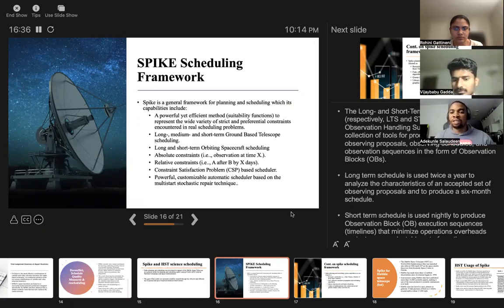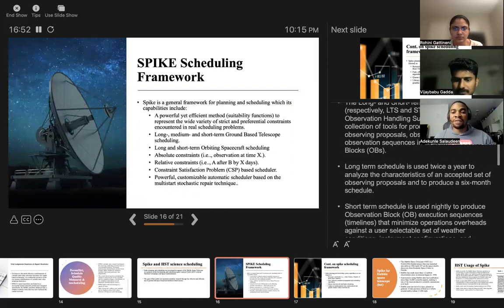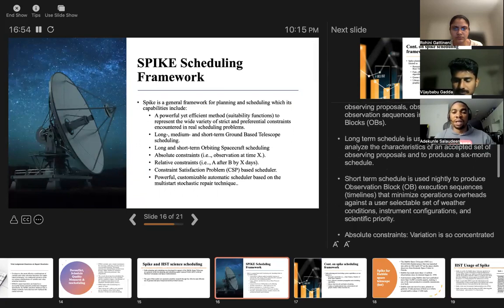Now, a brief look at the capabilities of the Spike scheduling framework. The long and short-term scheduling tools, known as the LTS and the STS, are part of the ESO Observation Handling System, OHS, a collection of tools for processing and managing observing proposals, observing schedules and observing sequences in the form of observation blocks, OBs.